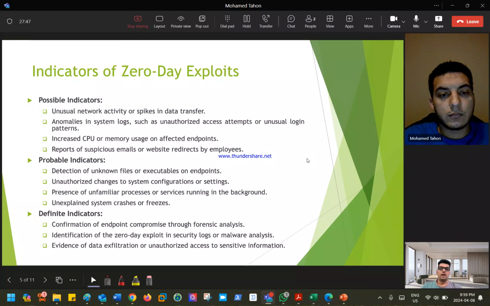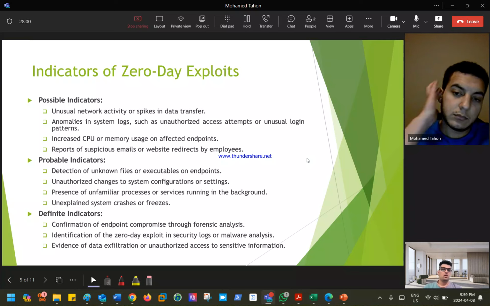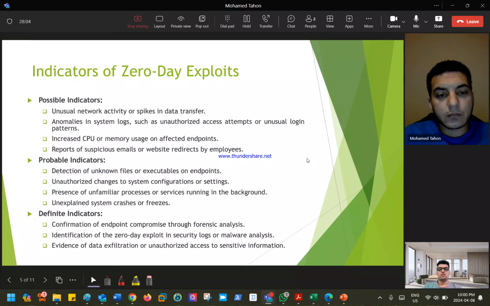Also anomalies in the system logs, unauthorized access, or unusual login patterns. Another indicator is increased CPU or memory usage on the affected endpoints. Also repeated reports of suspicious emails or redirected websites from employees.